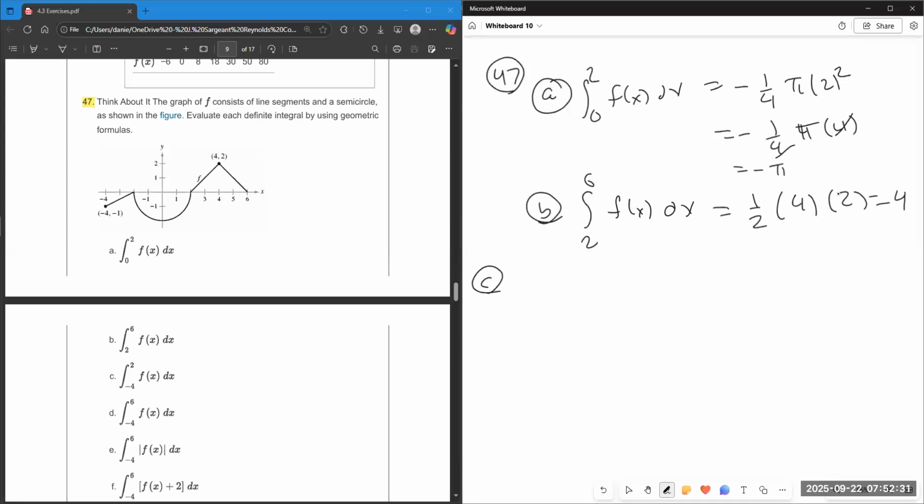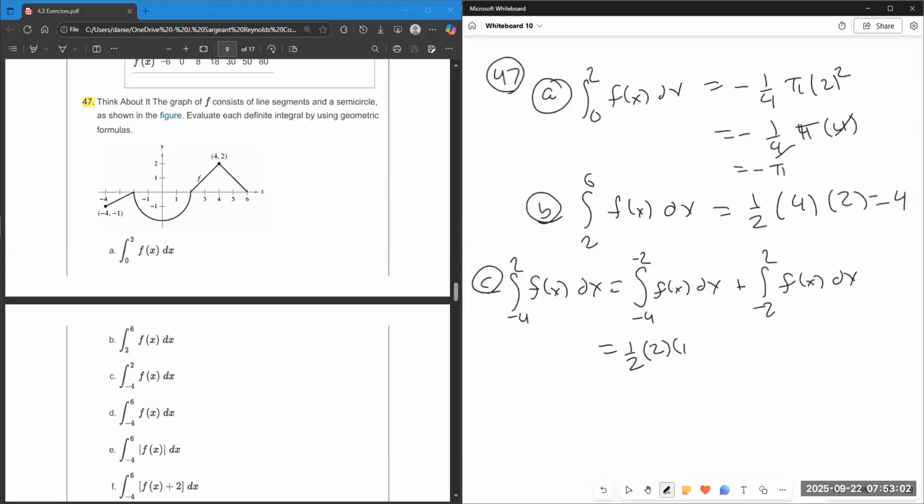C, this is the one I was just talking about that I'm going to do in 2 pieces. So that's negative 4 to negative 2 f of x dx plus negative 2 to 2 f of x dx. And this is 1/2 of my base is a width of 2 here. My height is a width of 1, and this is negative.